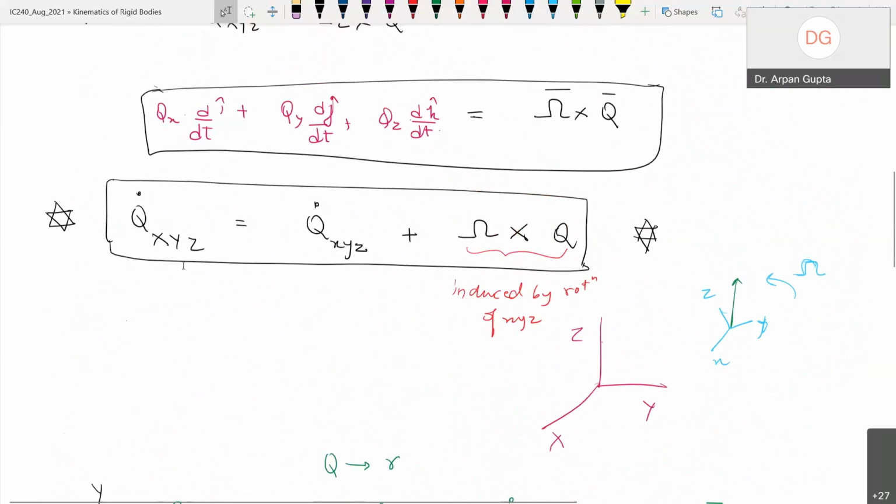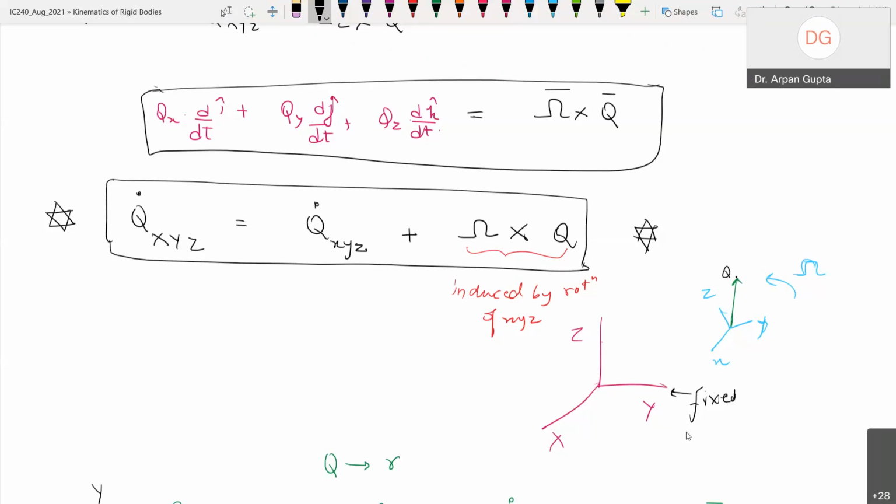What it says is that if we have two reference frames, one is capital XYZ, which is the fixed reference frame, and another reference frame, small xyz, which is rotating with an angular velocity omega, and from this rotating reference frame we measure a quantity q.